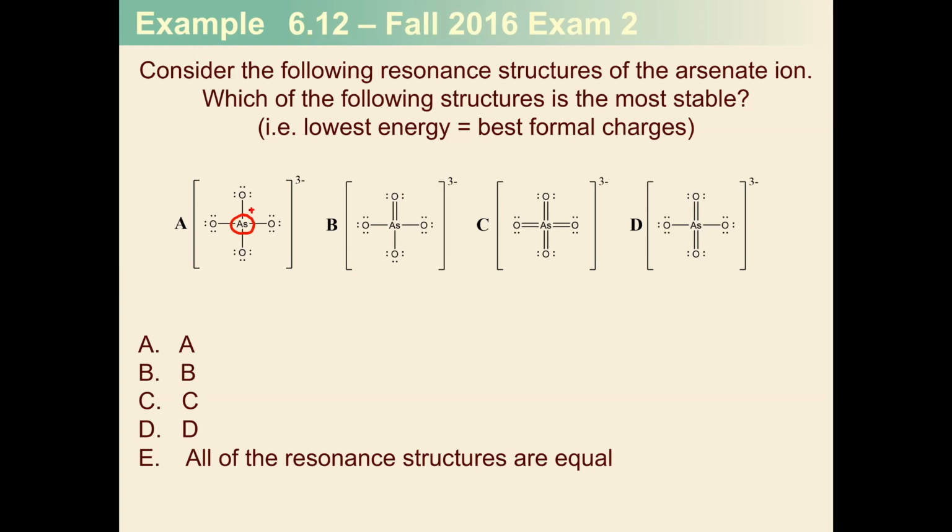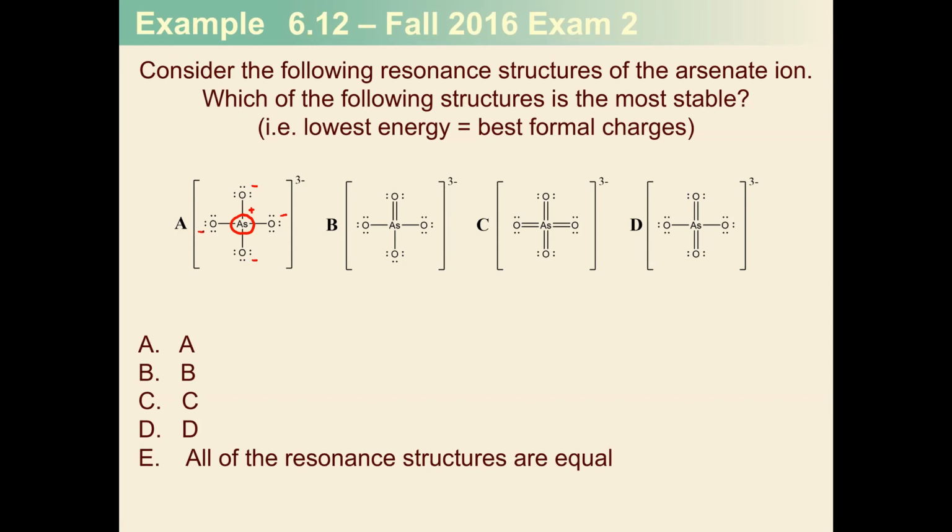For each one of our oxygens, notice that there are 7 electrons around them, 6 from the lone pairs and 1 from the bond to the arsenic. So each one of these oxygens is going to be considered formally negative. This has a lot of small, good formal charges.